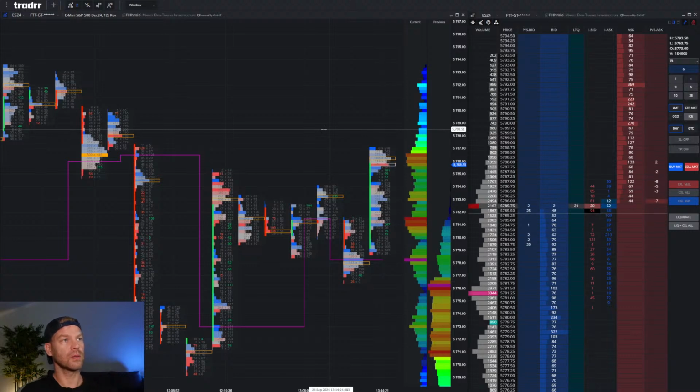What's that? Any code for indicators? Well, we have lots of codes for lots of indicators. What do you mean specifically?